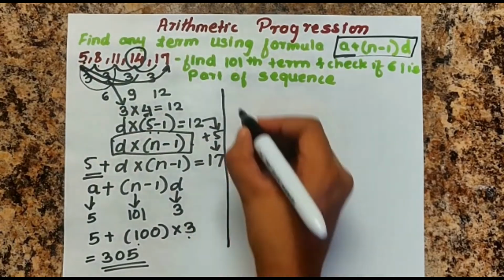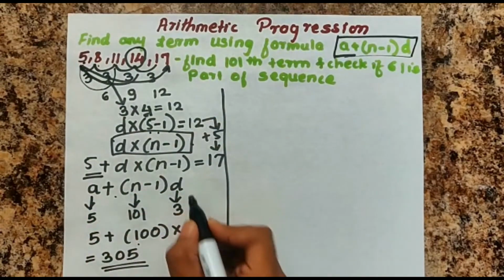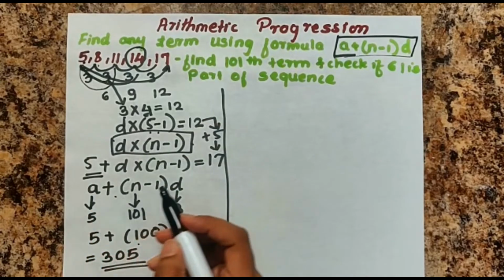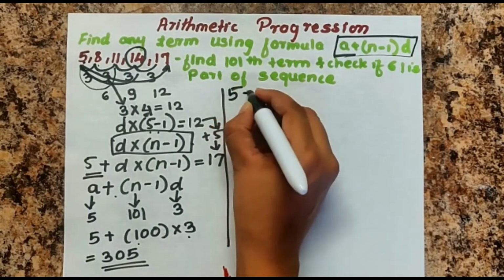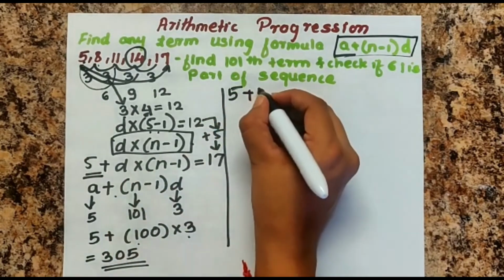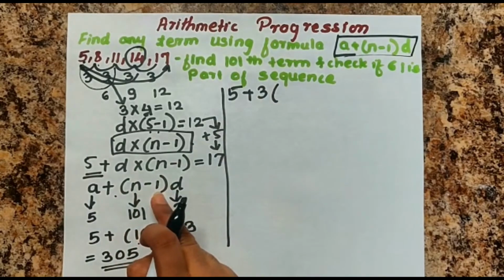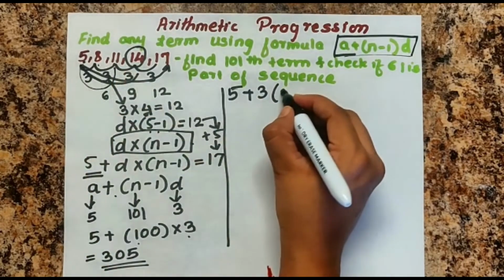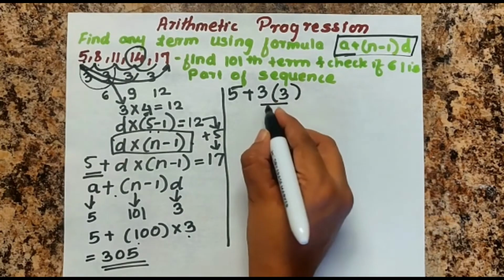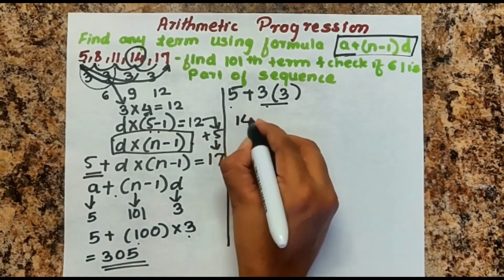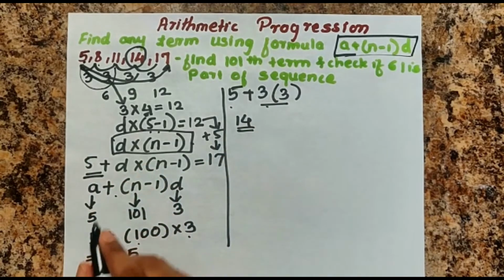If you put the values in the formula a plus n minus 1 into d, a is 5, d is the difference, that is 3, multiplied by n minus 1. Fourth term, 4 minus 1 is 3. So 3 into 3 becomes 9, and 9 plus 5 is 14. So you have used the correct formula.